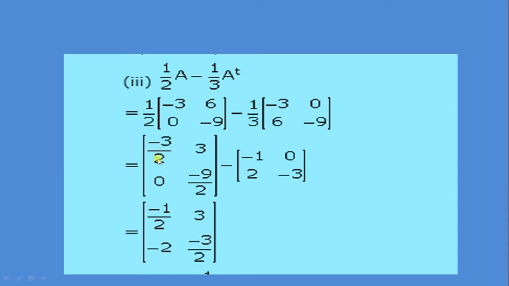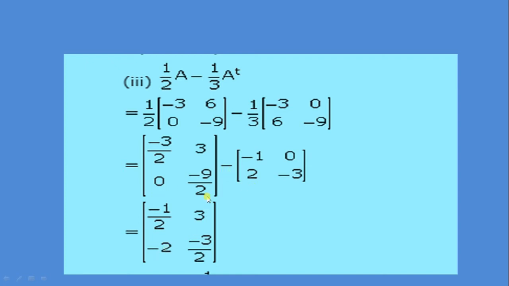Now let us subtract the corresponding elements. Minus 3 by 2 minus of minus 1. First element: do the calculation in the margin, take out the LCM, solve, and write down the answer as minus 1 by 2. Next, second element. 3 minus 0 is 3. Third element, 0 minus 2 is minus 2.